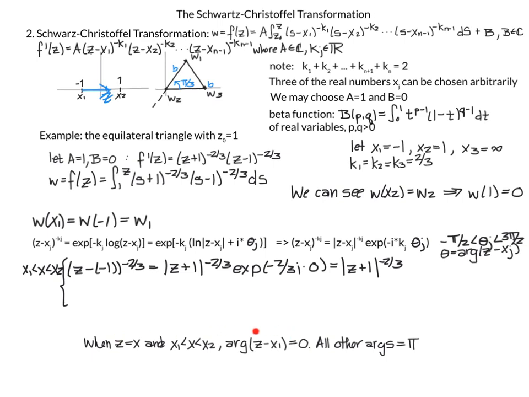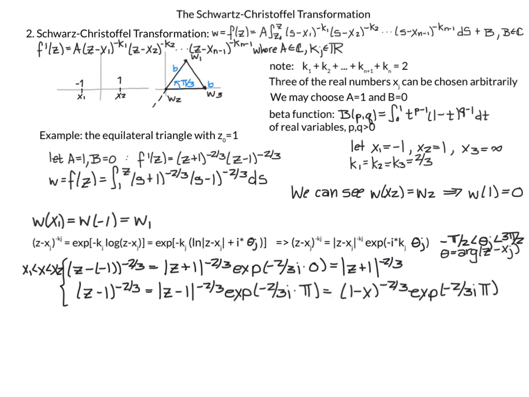So that means this argument is equal to 0. So theta j is equal to 0 here, and e to the 0 is equal to 1. So what I'm left with is the absolute value of z plus 1 to the minus 2/3. That's this first factor, the s plus 1, or z minus negative 1.